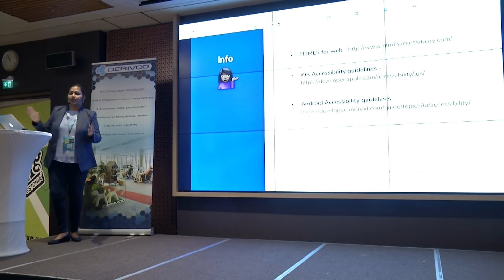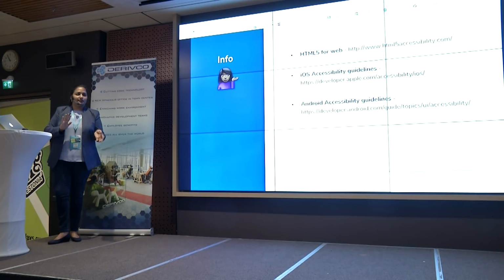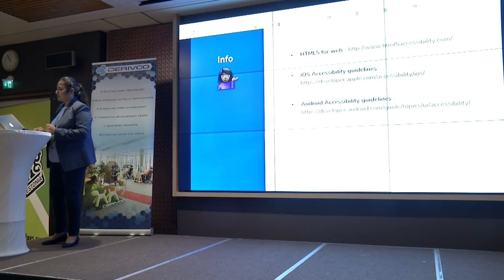For example, iOS has a nice VoiceOver. When you are building for iOS, make sure you use accessibility index or attributes so that VoiceOver can pick up the elements that you have defined.